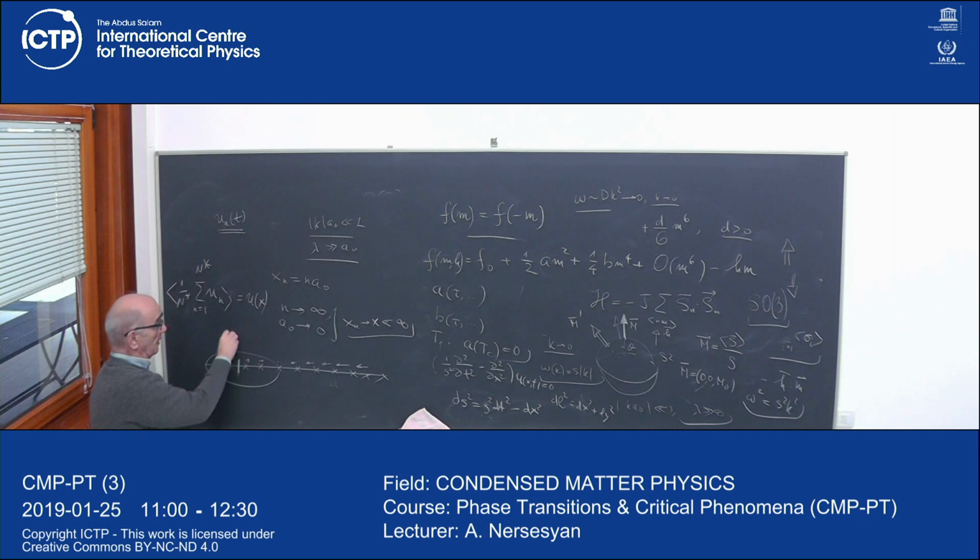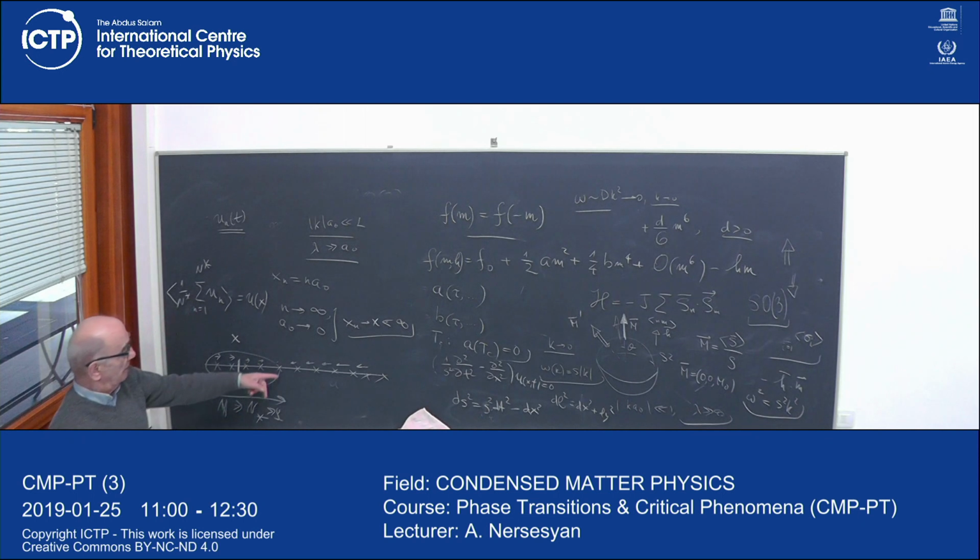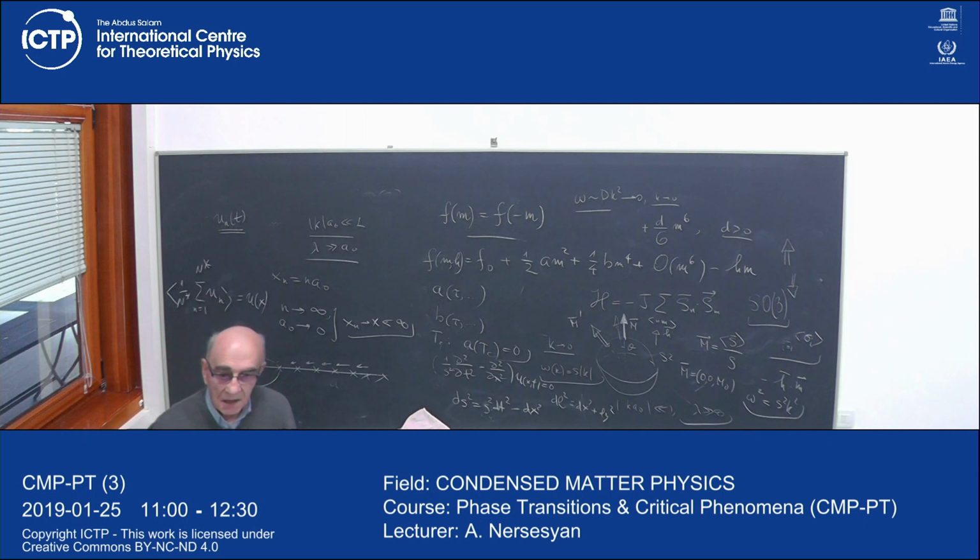And the x is somewhere here, and this is the amount of sites involved. If n star is much greater than 1, but much less than the total number of particles, then I have defined a field already, which depends on the physical coordinate, which doesn't coincide with the lattice sites. It includes many sites.